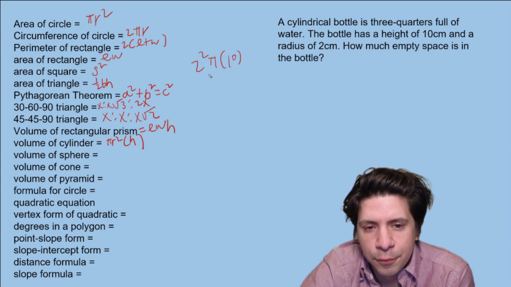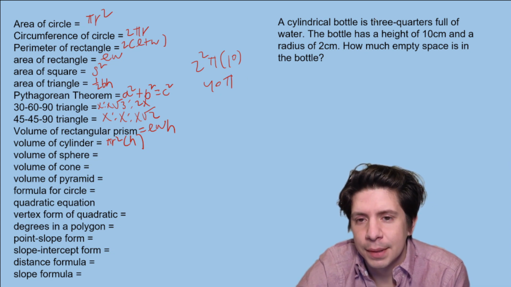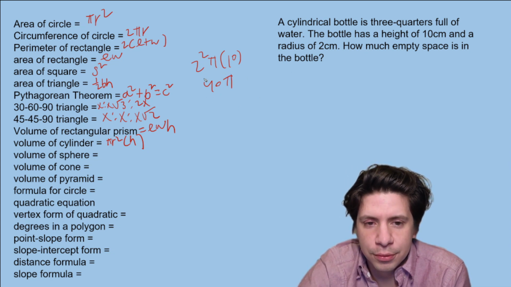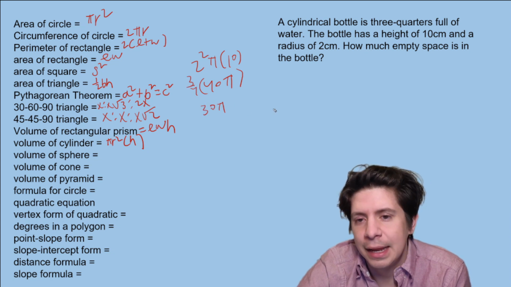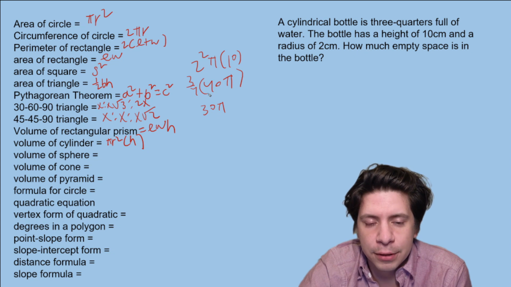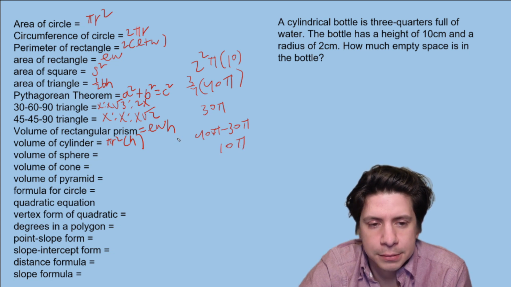So we're going to get 4 times 10, 40 pi. Now that's the full bottle, and it's 3/4 full. So times 3/4 to find out how much full it is, and that will give us 30 pi. And then how much empty space is there? We would do 40 pi minus 30 pi. And we can do that because they're like terms, and we're going to get 10 pi.